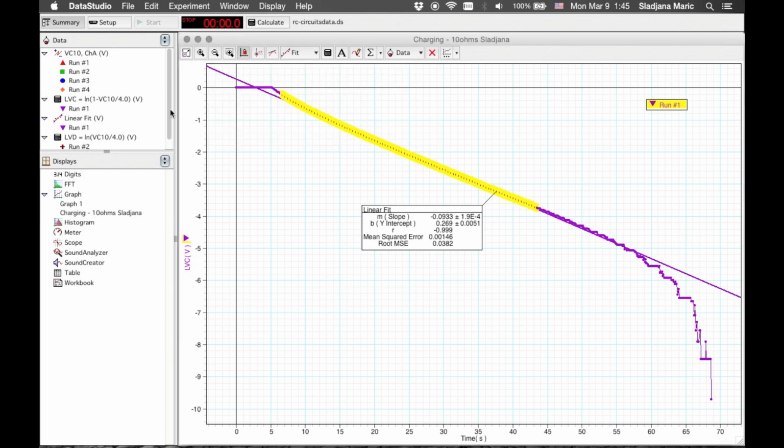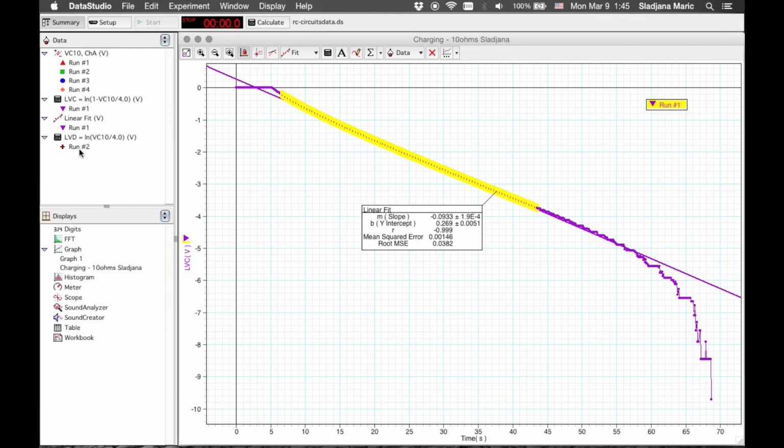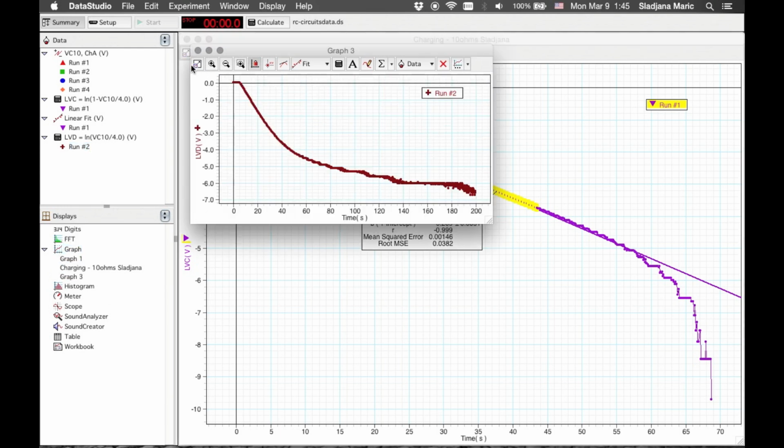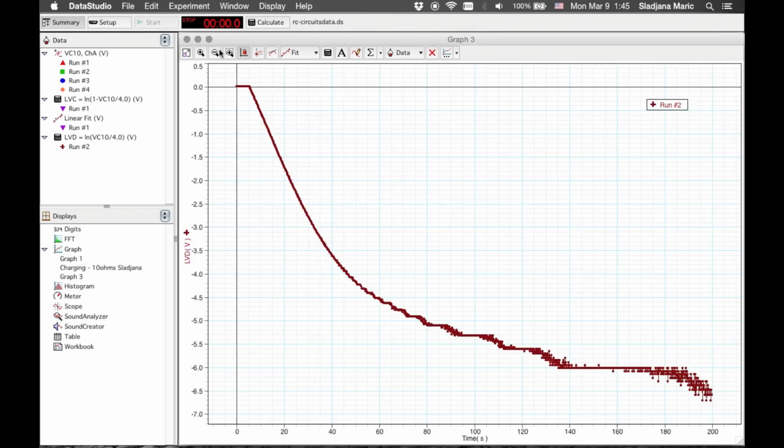So now again we are going to plot this graph to a new graph, and then enlarge this. So you see that for the discharging there is a huge potential dependence.